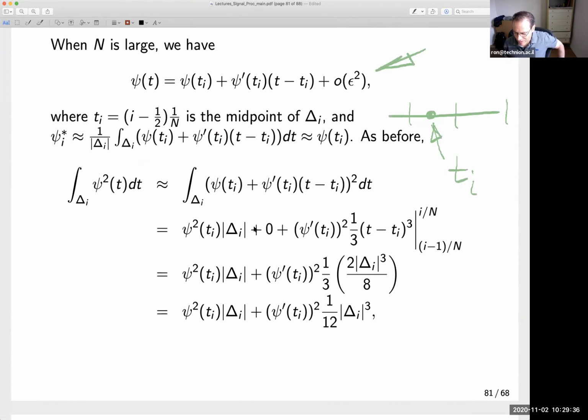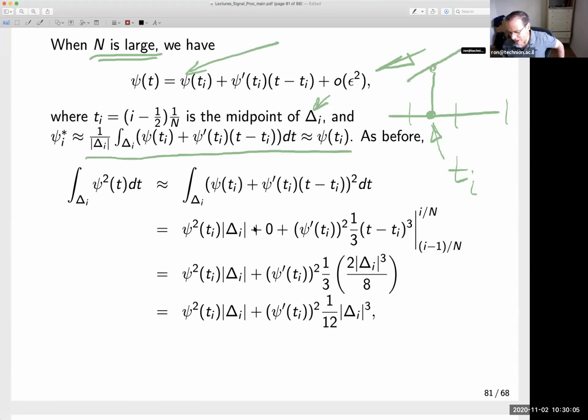So these are the midpoints of each interval, and psi I star is defined as sampling the signal at the center. Again, this is for when n is really large, and therefore I can assume that phi is really smooth with respect to my sampling. Then within each sampling interval, I can assume my function to be almost linear, and therefore I can just sample the function in the central point.